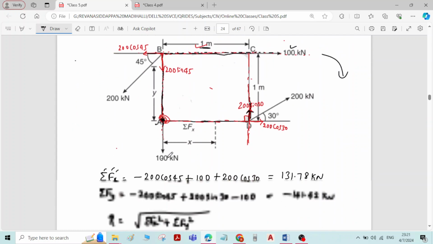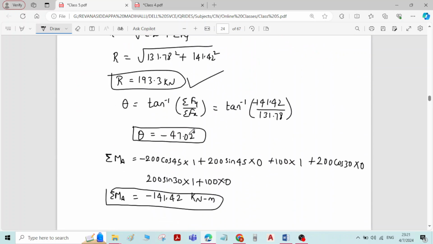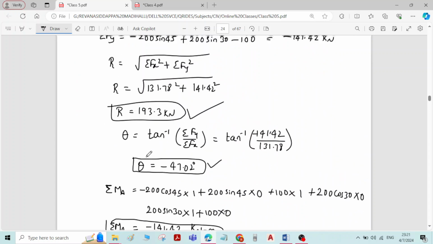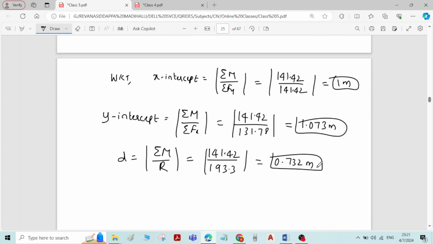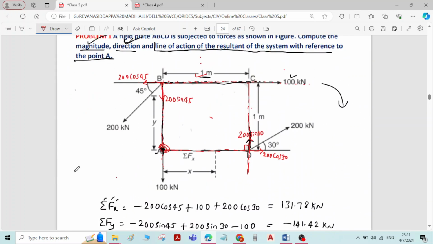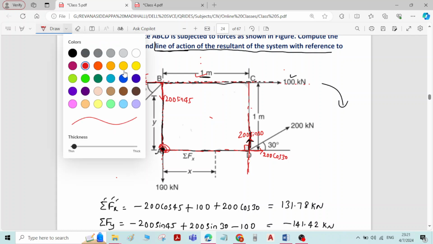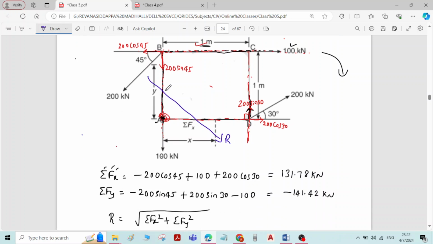So the magnitude of the resultant force is 193.3 kilonewton. The direction of the resultant force is at an angle of 47.02 degrees, and the position of the resultant force we have determined in terms of x-intercept, y-intercept and D value with respect to point A. Which means that if this is the resultant force, then its x-intercept will be how much?